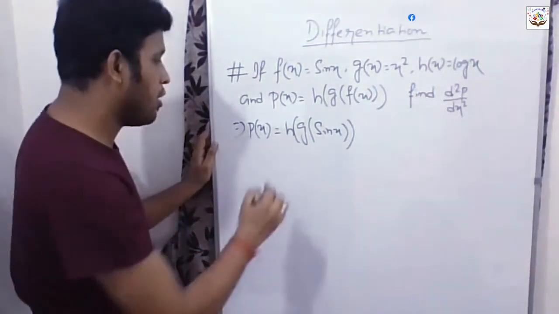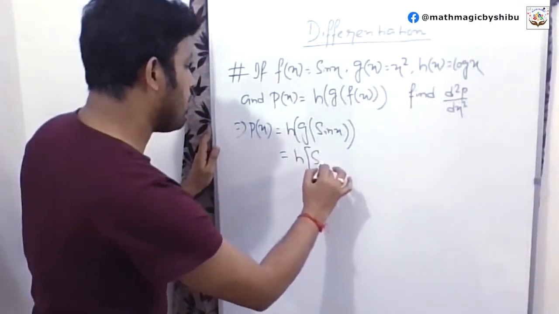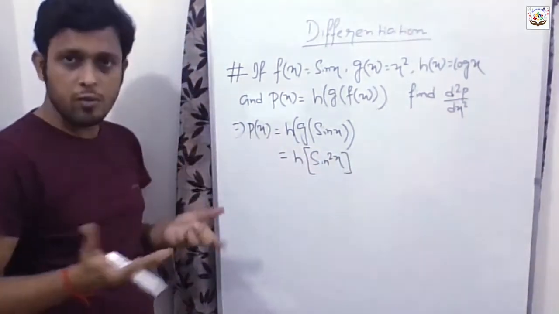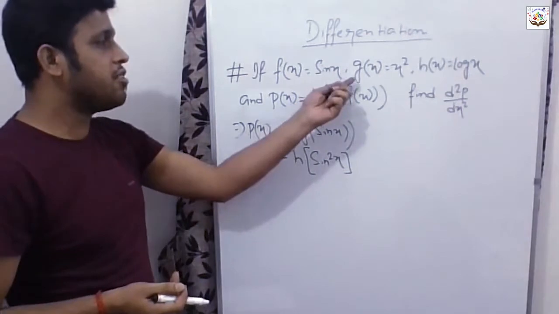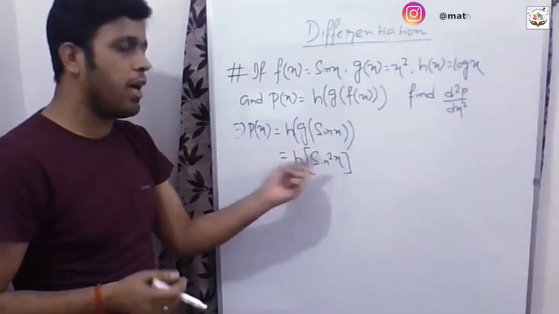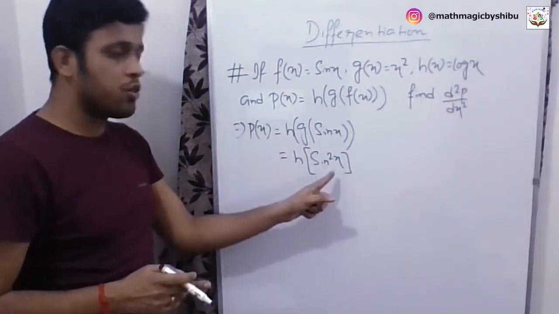So it can be represented as h of sin square x. Right? So now we need to also do the h of sin square x.